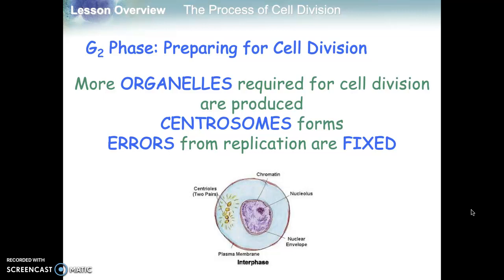If it cannot fix the errors, then the cell will go through a process called apoptosis, where the cell will die off and not be reproduced or copied, and then we move on. Those errors are not good. Now, some errors do get through, don't get me wrong, that's what we call mutations. But the cells try to eliminate any errors that have occurred.